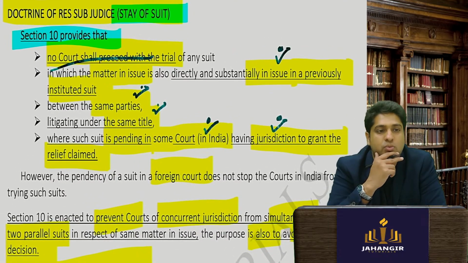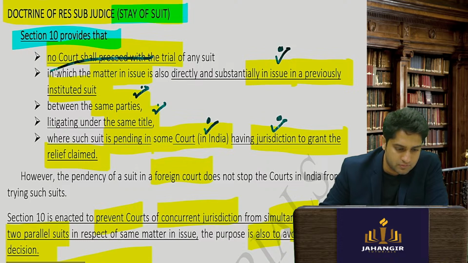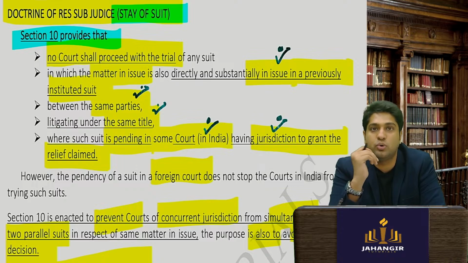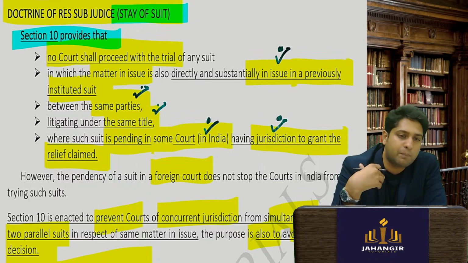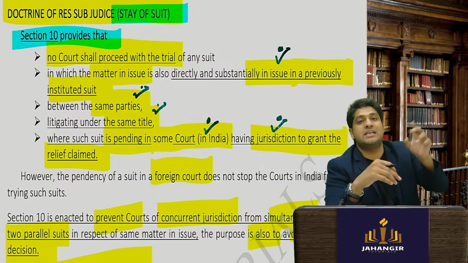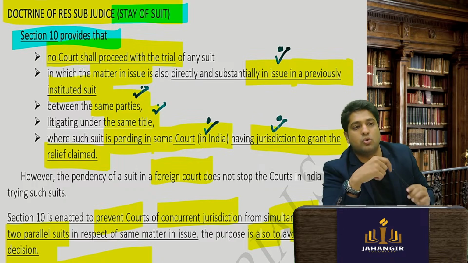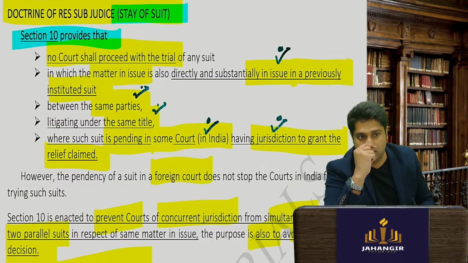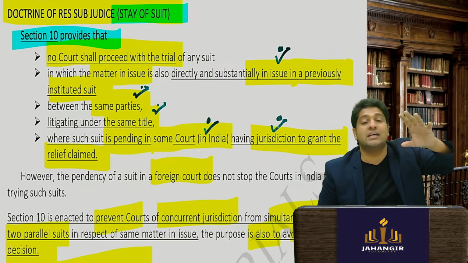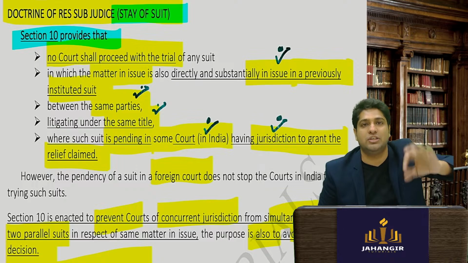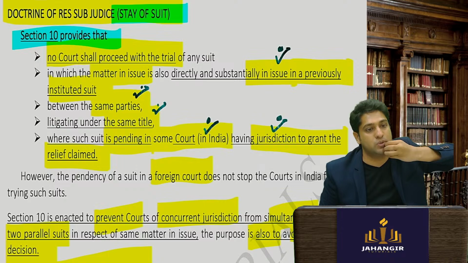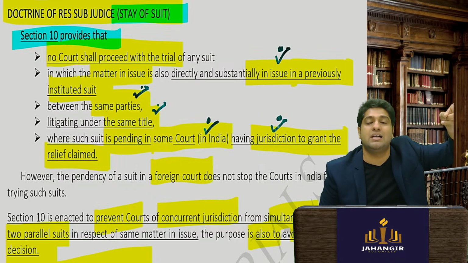Res sub judice. So what does it say? The court shall not proceed with the trial of any suit in which the matter is directly and substantially in issue in a previously instituted suit between the same parties litigating under the same title.